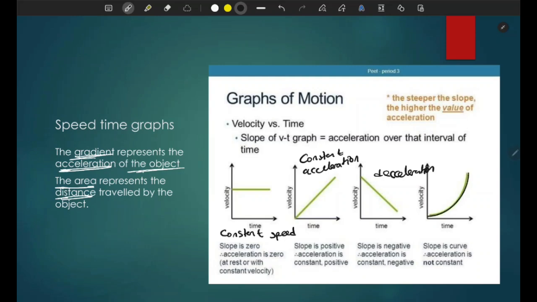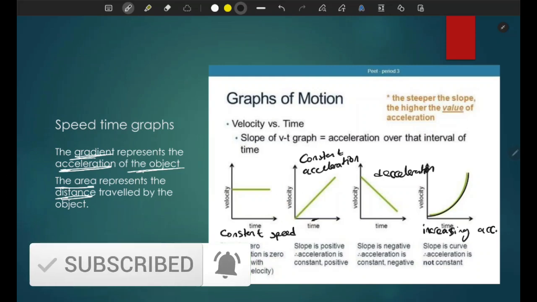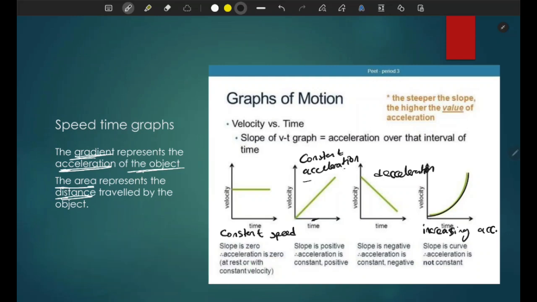The gradient is the acceleration, so this is increasing acceleration. What makes this one and the second one different is that the second is constant acceleration. The acceleration is the same throughout, even though the speed changes. But on this one, the speed changes and the acceleration also changes because the gradient is curved and changing.